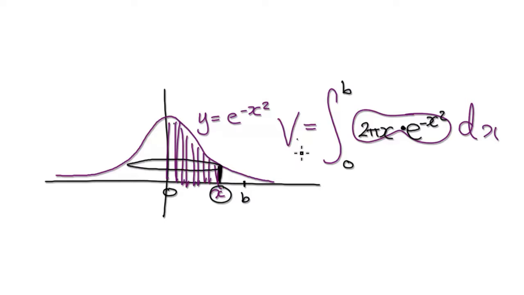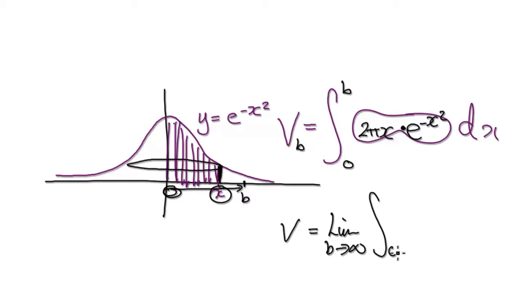So this is the volume from 0 to b. But later on, when we want the whole volume all the way to infinity, then V itself will be the limit as b heads towards infinity of this thing here.